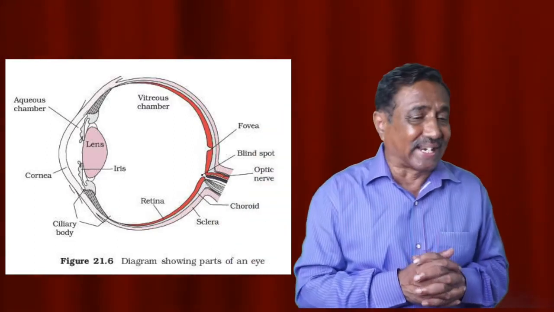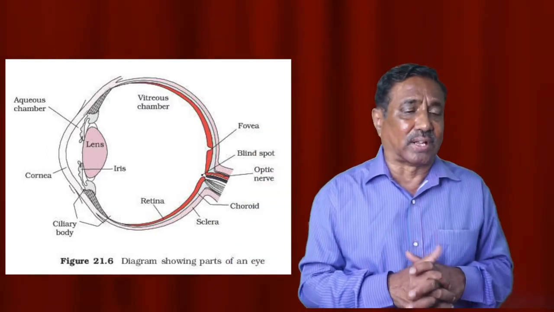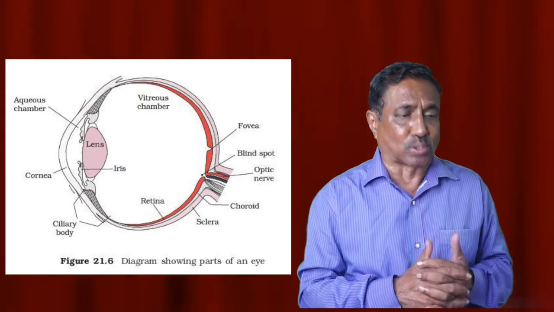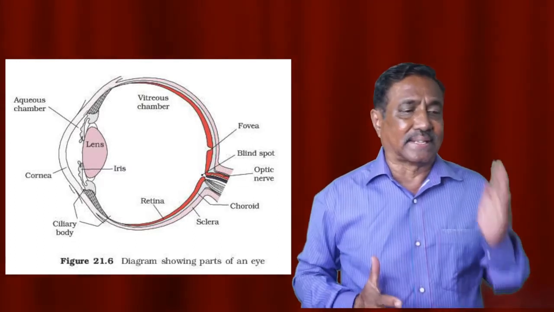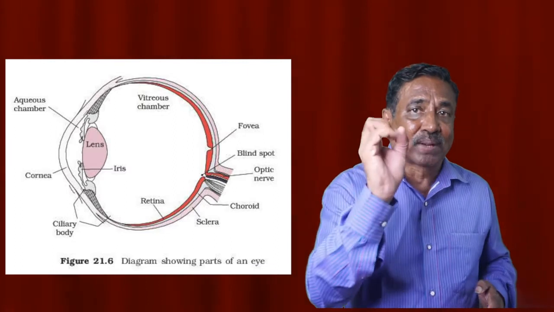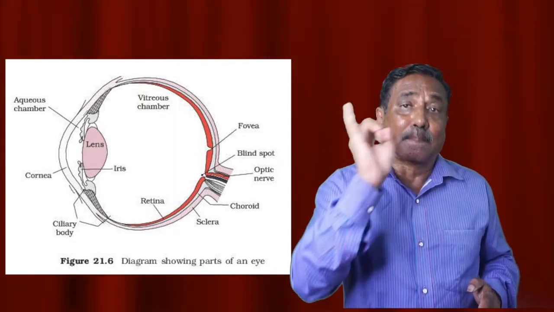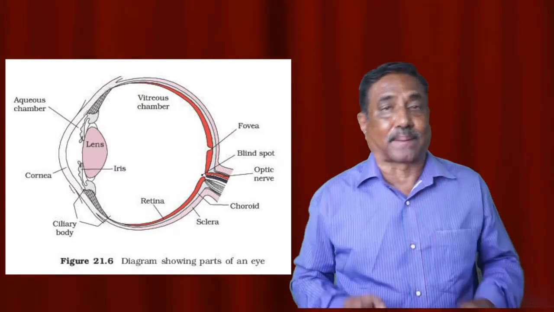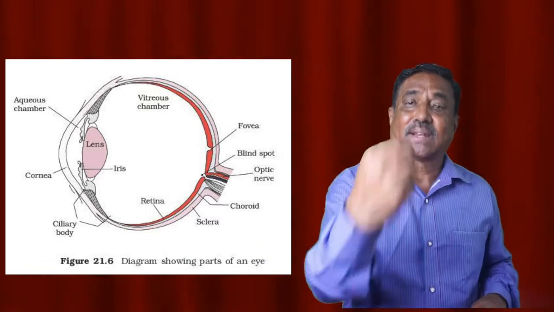So this retina consists of rods and cones, and this retina also consists of the ganglion cells, bipolar cells, and photoreceptors. Photoreceptors are nothing but rods and cones.